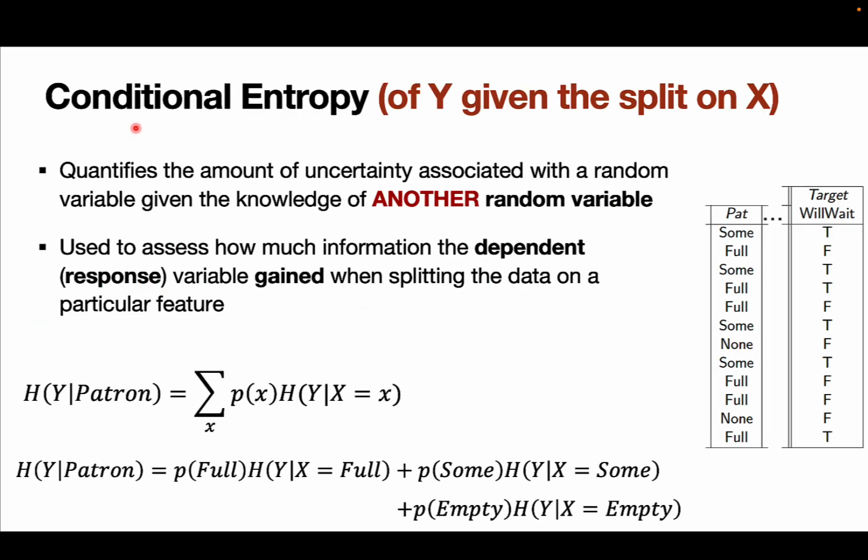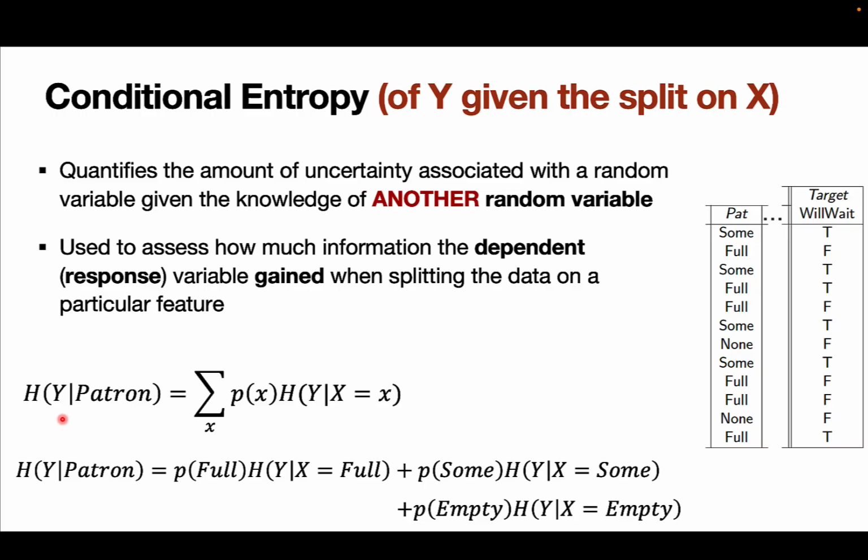Now we get to the details of computing the conditional entropy of the response variable y computed after partitioning the dataset on the attribute x. As we just explained, the conditional entropy quantifies uncertainty after the split.